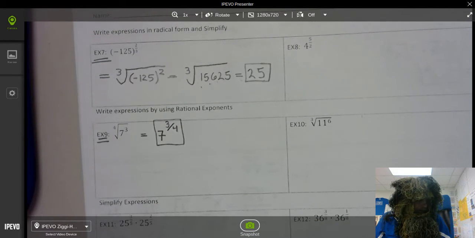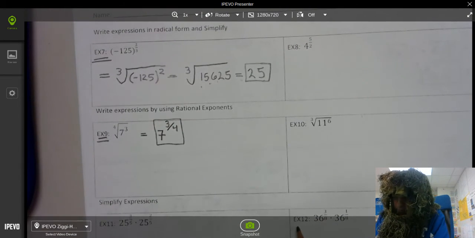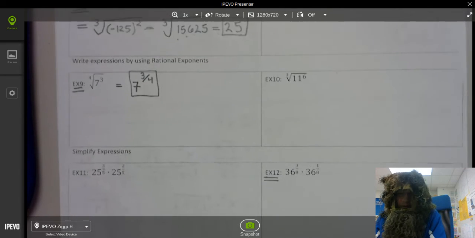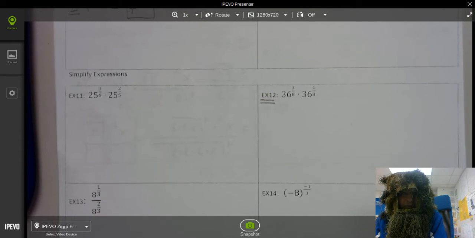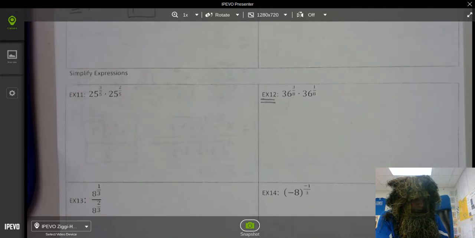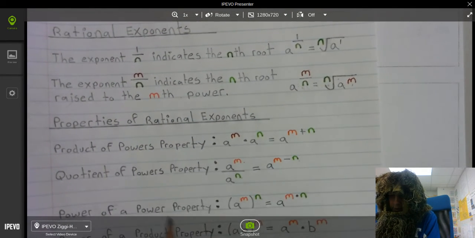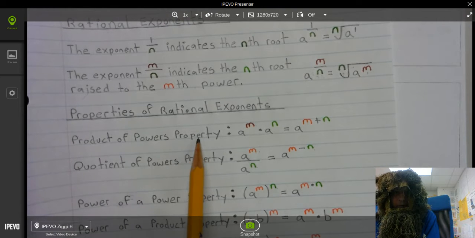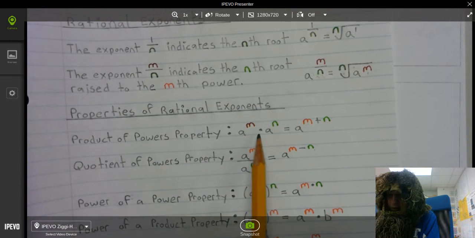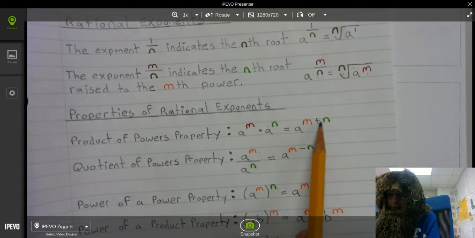All right, let's look at example number 12. Now example number 12, we're using this property right here. We're using the product of powers property. So when you multiply, you add the exponents.